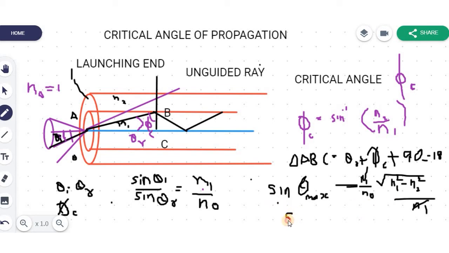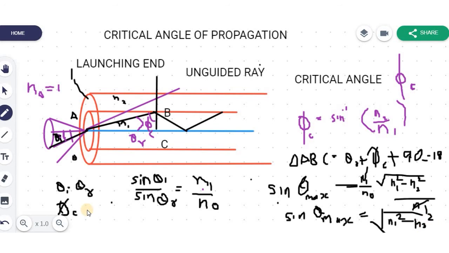So sin theta max is root of n1 square minus n2 square.